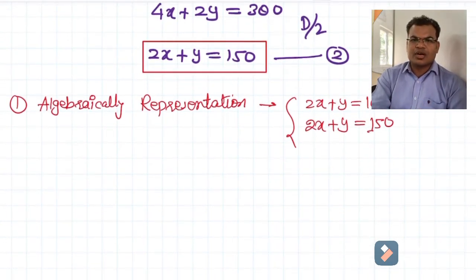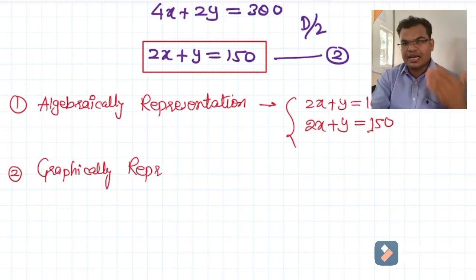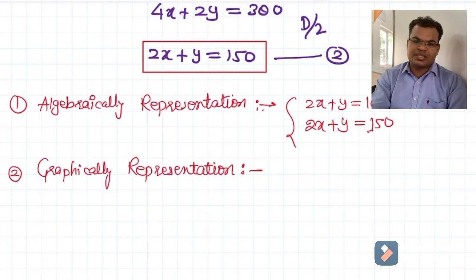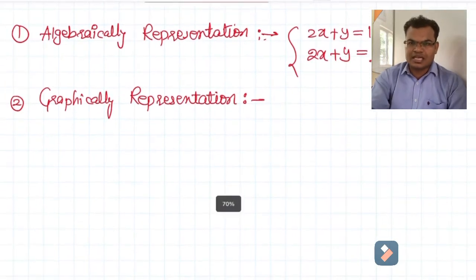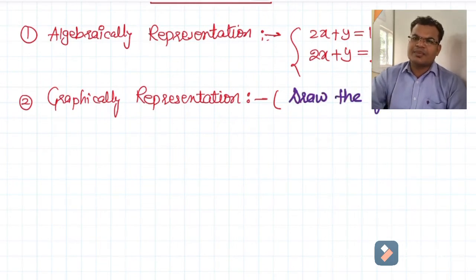Again, the same story you will repeat. Just quickly do it with me. For graphical representation you will require a graph, and for the graph you will put the values in a table. So the last portion: we will take 2x plus y equals 160.